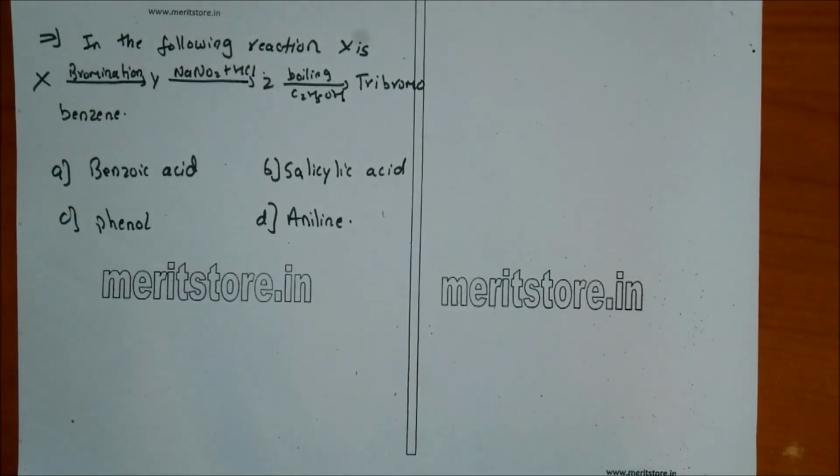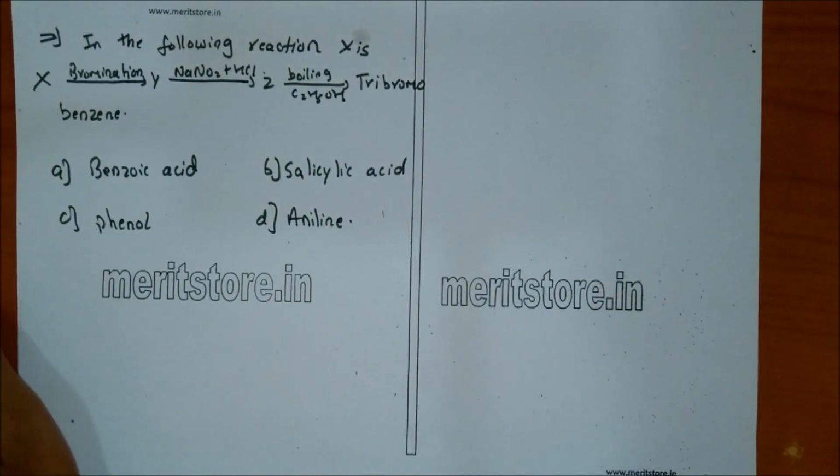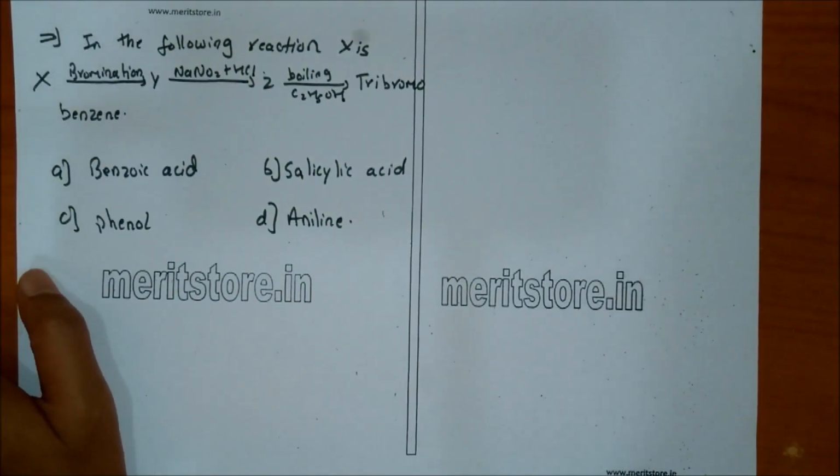In the following, X is brominated, which gives Y, which on reaction with NaNO2 and HCl gives Z, which on boiling in the presence of ethyl alcohol gives tribromobenzene.